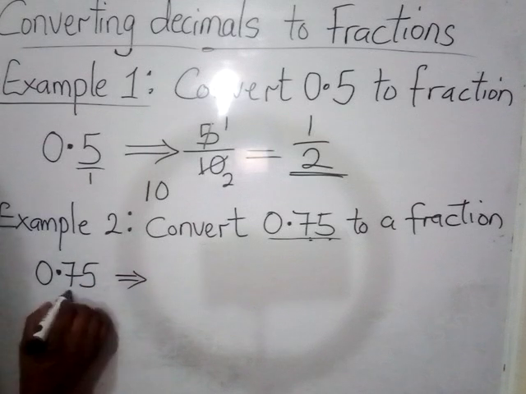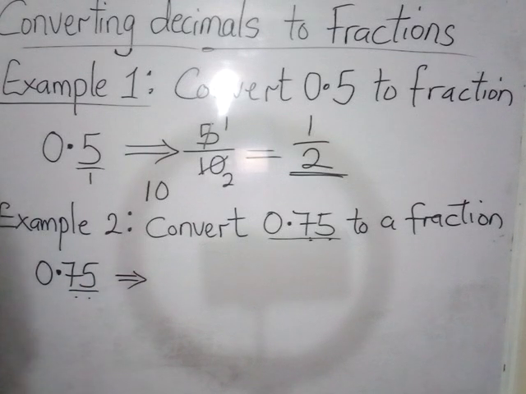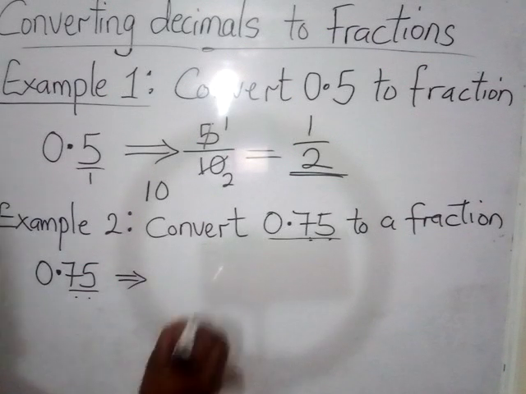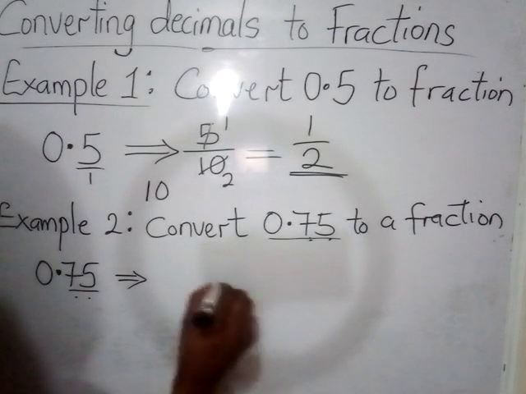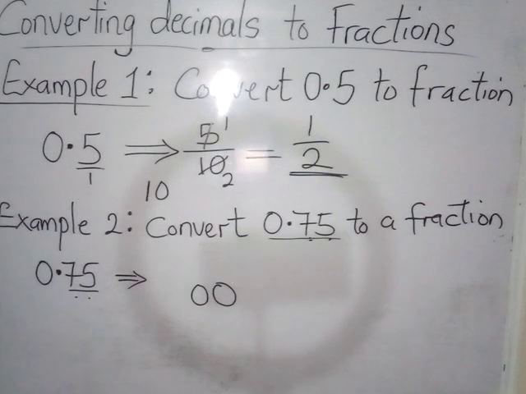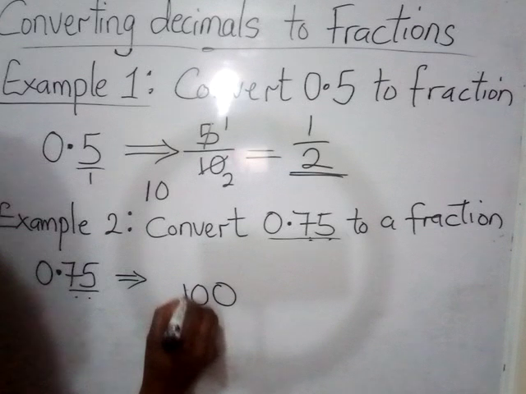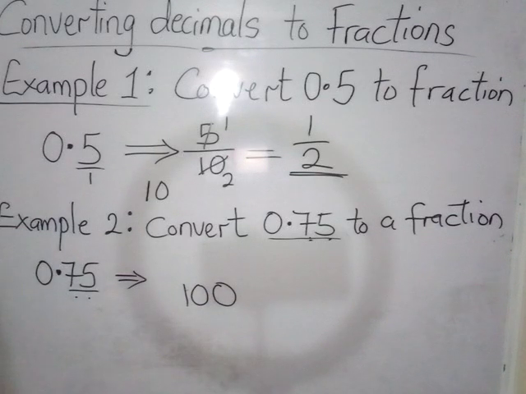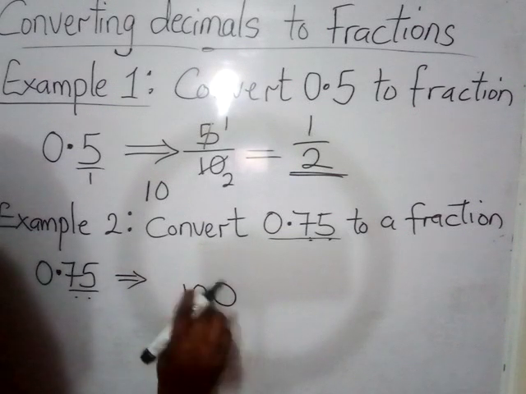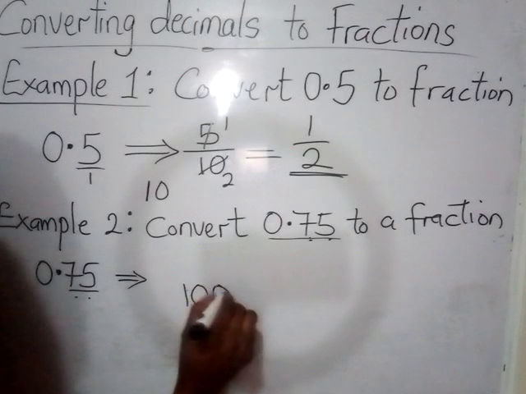That means the power of 10 that we're going to use is the power of 10 that has 2 zeros, and that is 100. So this 100, remember, is the denominator.